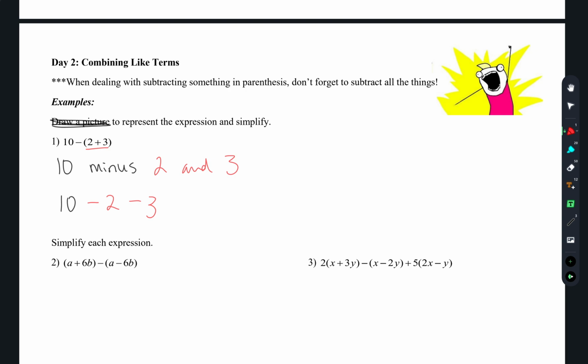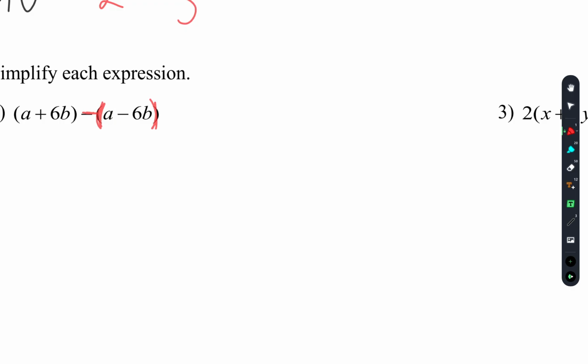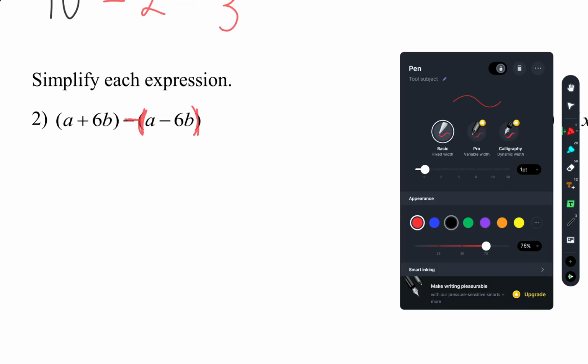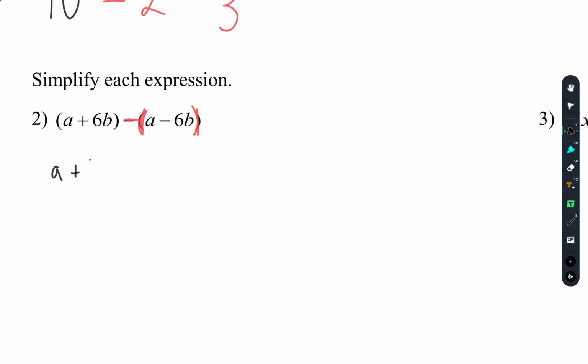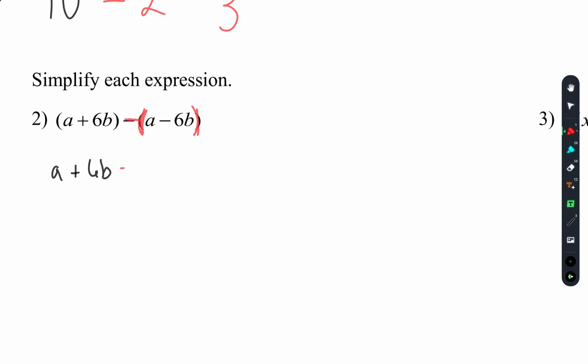Okay, so when you're doing the subtraction, make sure you distribute the negative sign. So for this one, you have a minus and then these big parentheses. Okay, so what that means is you leave whatever's at the front. So it'd be A plus 6B, but then you have to distribute that negative. So it'd be minus A. And then since it's already subtraction, this is going to be plus 6B.